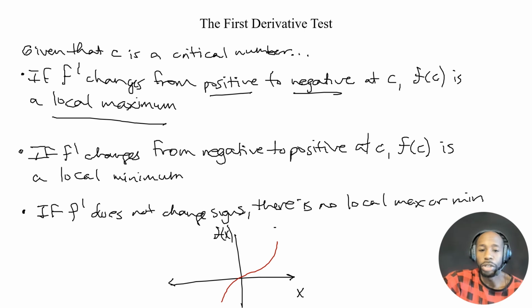But there is no change in signs. Remember, this is f of x, not f prime of x. This is a situation where you have a critical number, but the derivative does not change from positive to negative. It doesn't change signs, if that makes sense.